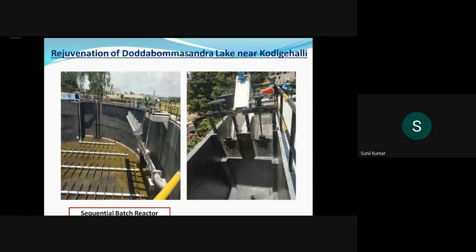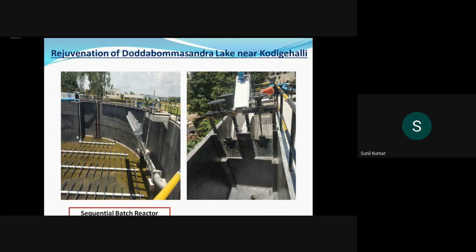Thereby the secondary clarifier has been avoided in this sequential batch reactor. The process is fill and aeration, and every cycle is designed for 3 hours: 1.5 hours for fill and aeration, another half an hour for settling, and another half an hour for decanting. That is how the system works.